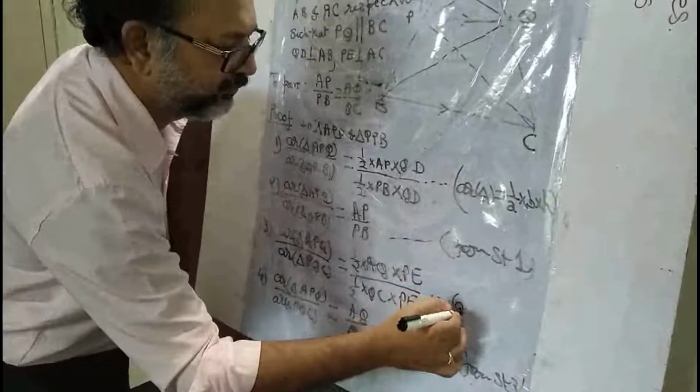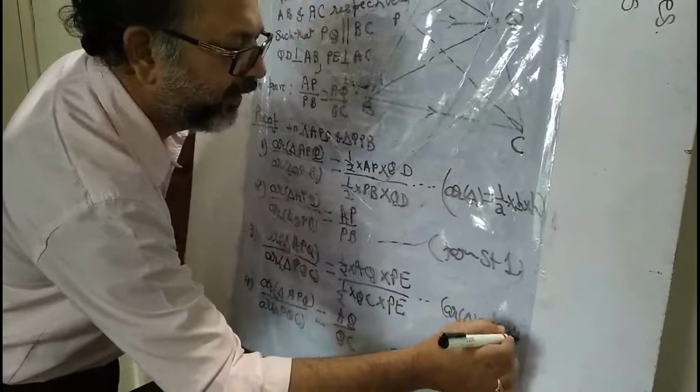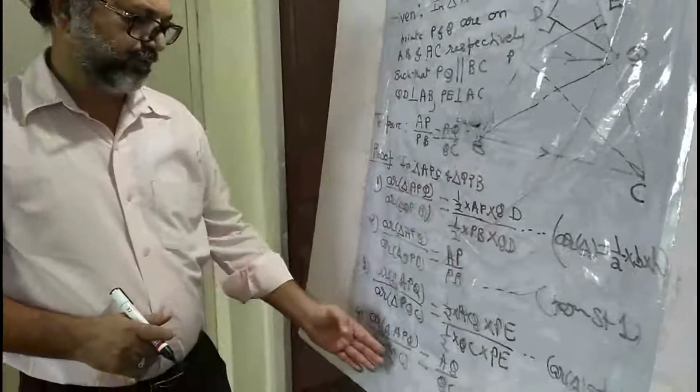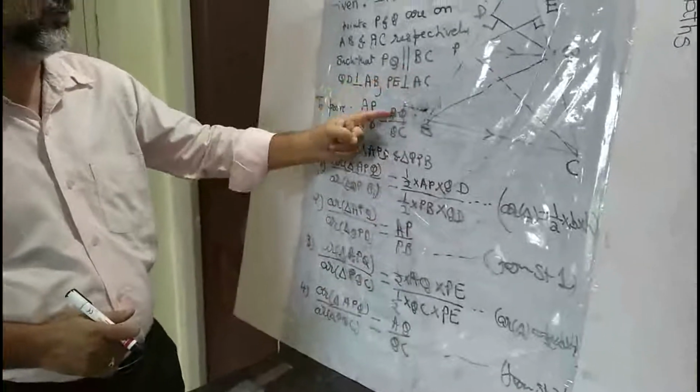This is, if you want, you may write. I don't think there are marks for these reasons because those are not so important. Area of triangle APQ upon area of triangle PQC is AQ upon QC, which we wanted here.